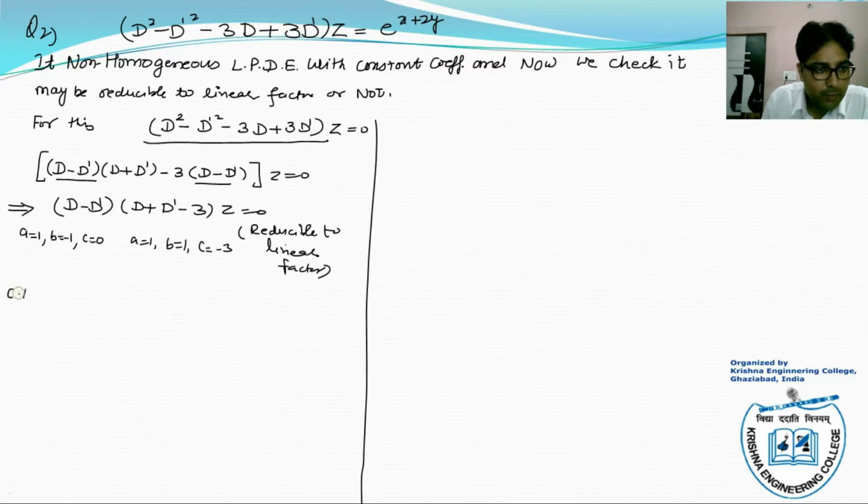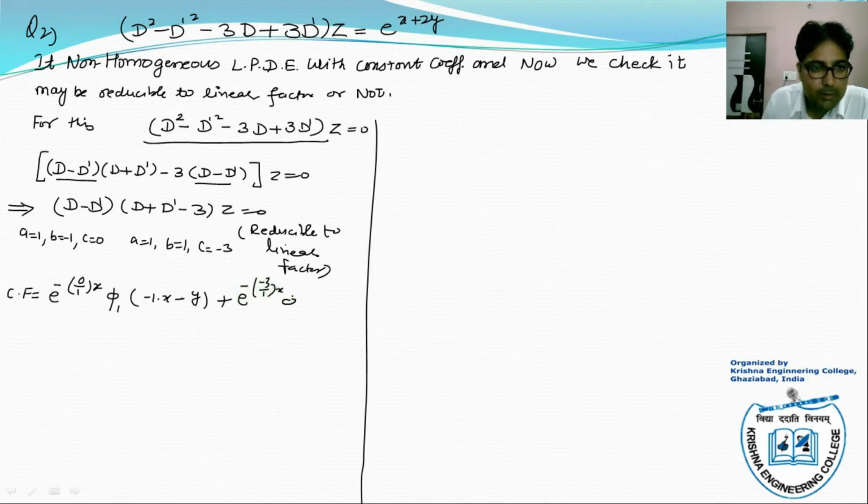So in this case we write the CF as e to the power minus c upon a, c means 0 upon a 1 for the first factor, into x, phi 1 of bx minus ay, clear, plus corresponding to the second factor e to the power minus c by a, minus 3 by 1 into x, and phi 2 of bx minus ay, b is 1.